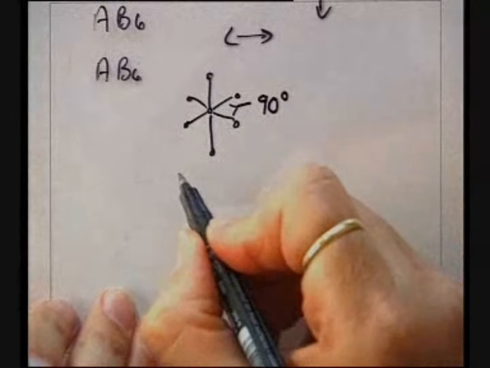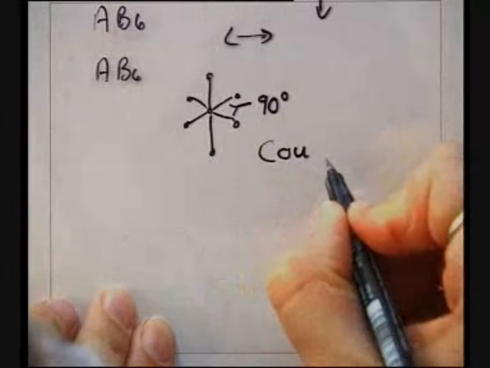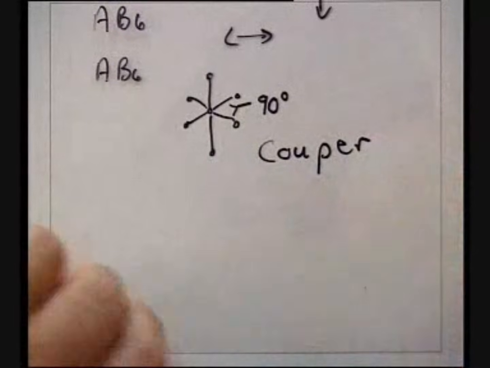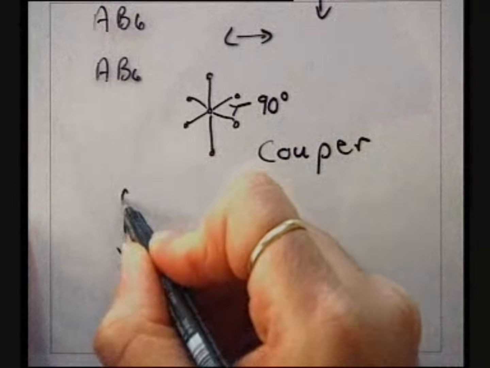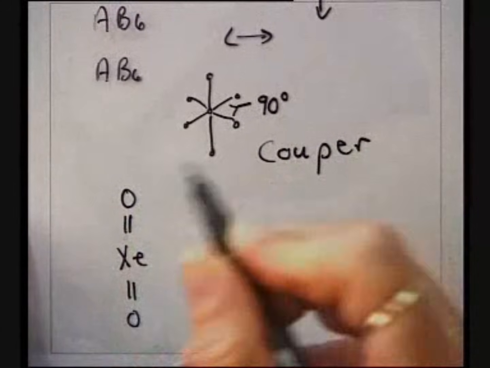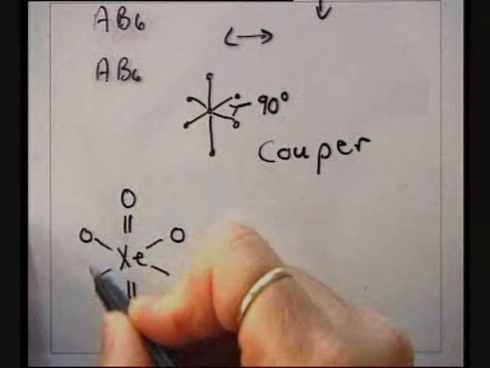We make use of Cooper or Cowper structures to draw the molecular geometry. Central atom xenon, double bonded oxygens, single bonded oxygen atoms.